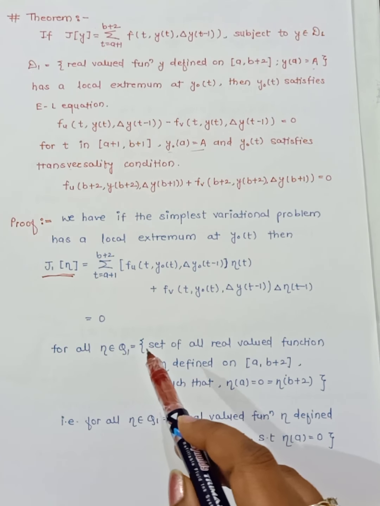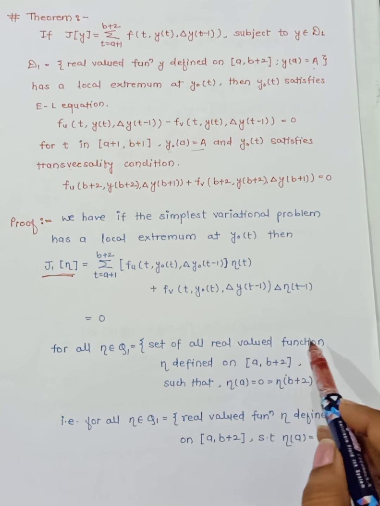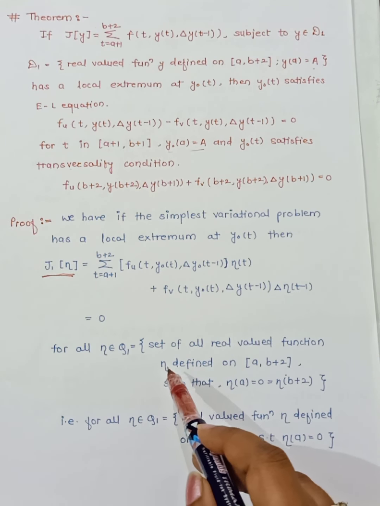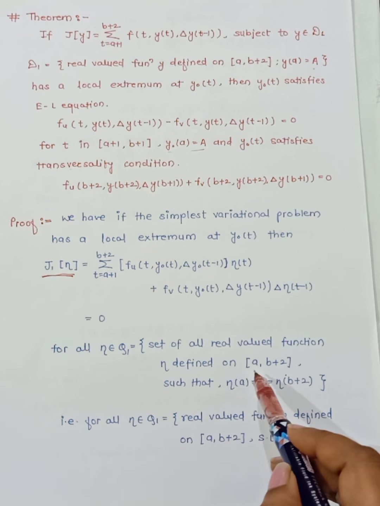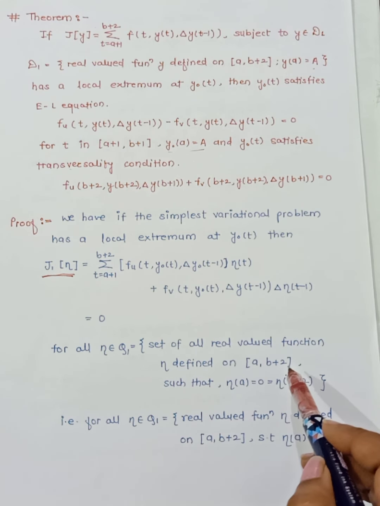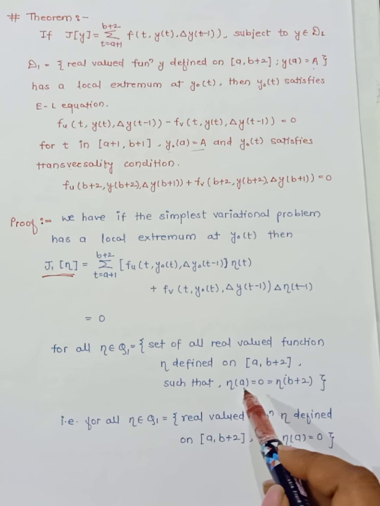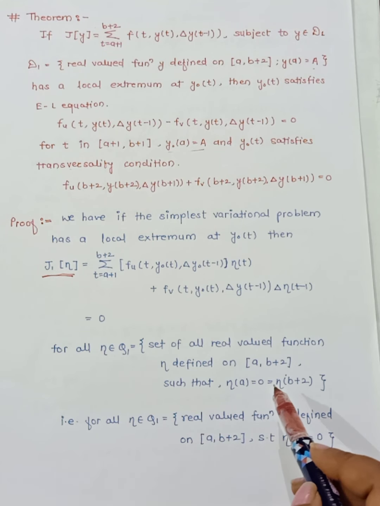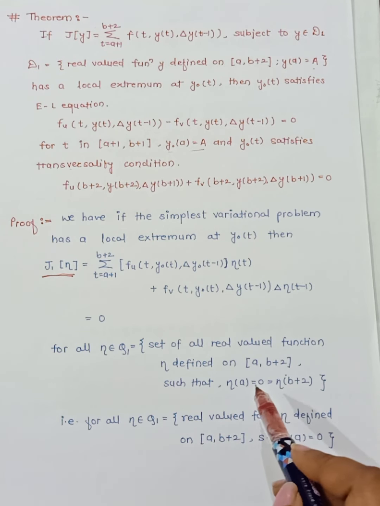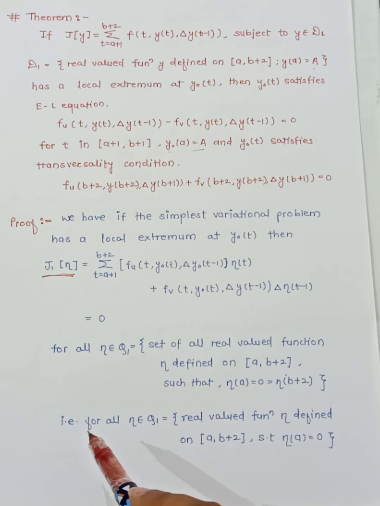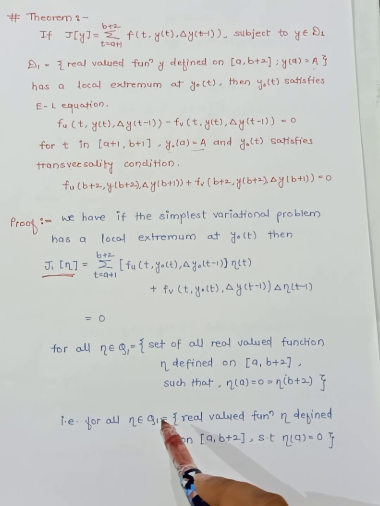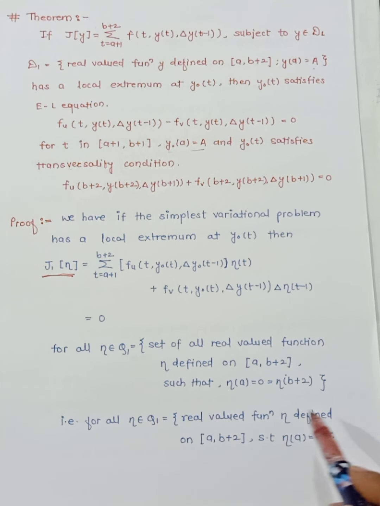Here Q1 is the set of all real valued functions eta defined on the closed interval a and b plus 2 such that eta(a) equals 0 and eta(b plus 2) equals 0.